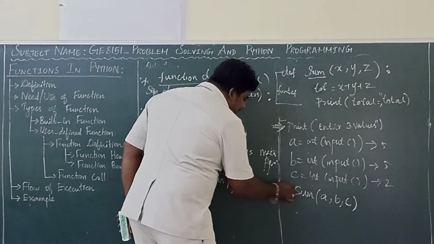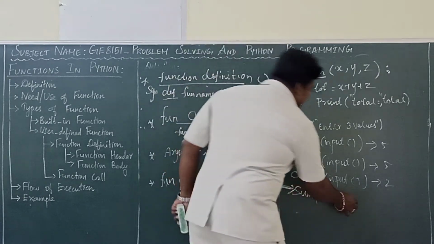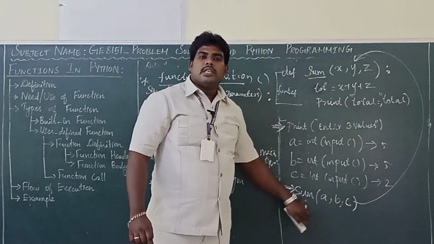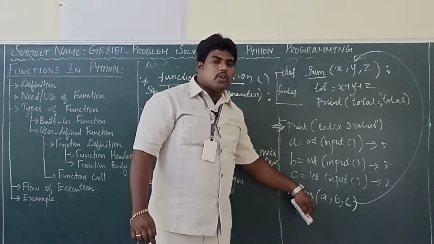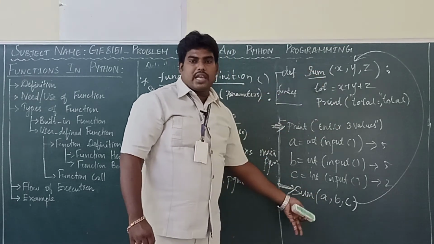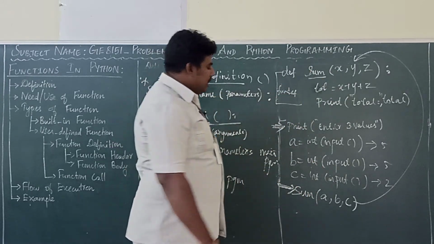Now once the interpreter executes this line, the control will be given back here. Once the interpreter executes this sum, it will directly call the function. That's why the name is function call. It will call the function definition.